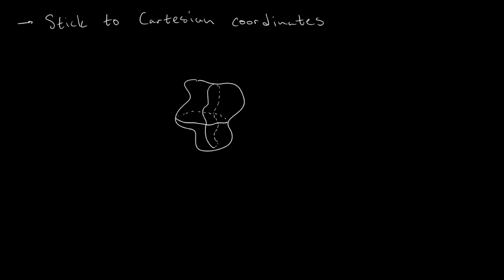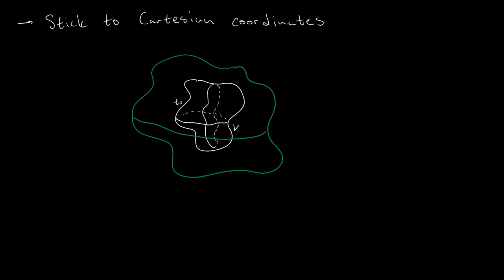Okay, so this volume, we'll say, is at some time t. We'll call it a volume V at time t naught. It's going to evolve, and I'll draw its evolution in green.